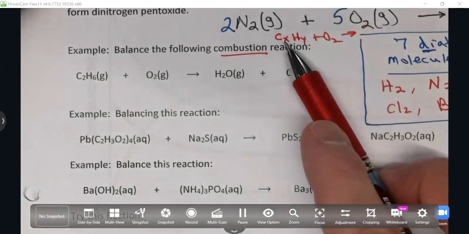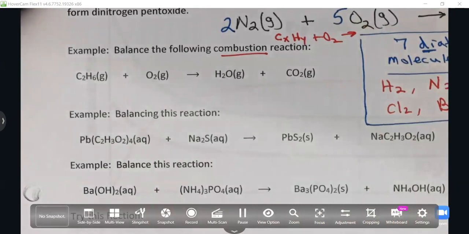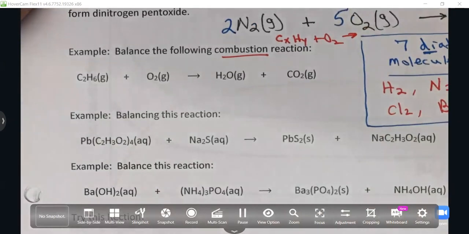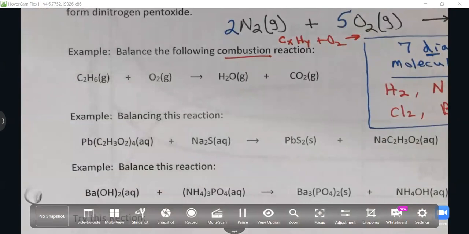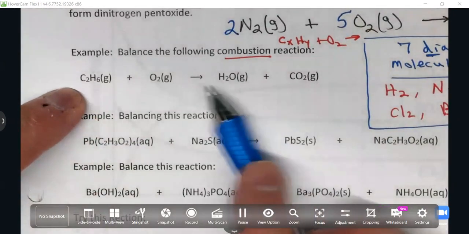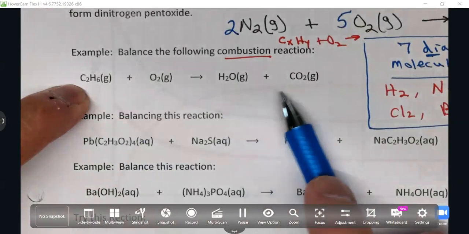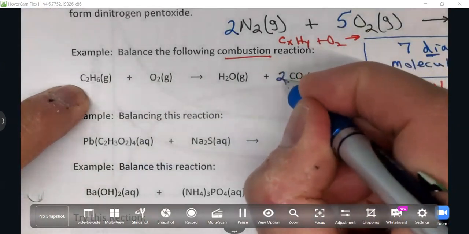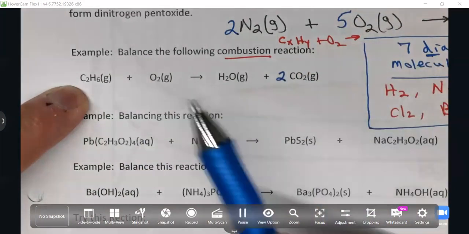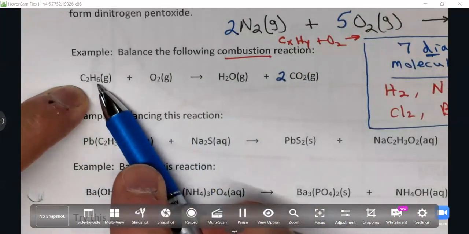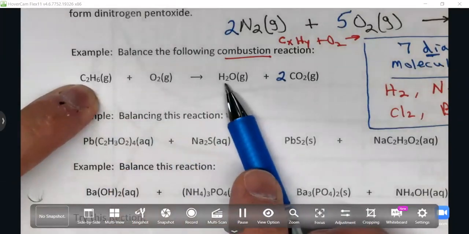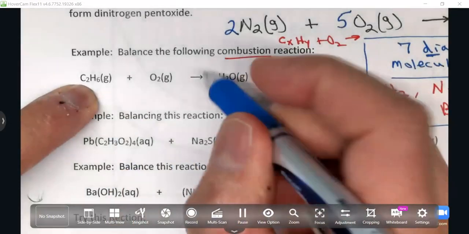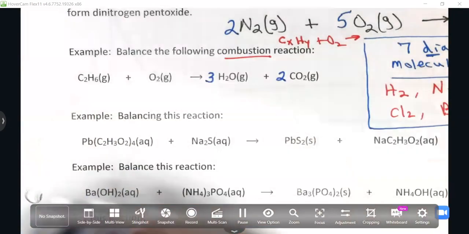You can have different numbers of carbons and hydrogens. So if we balance this, where should we start? Carbon. We got to stay away from hydrogen and oxygen. Do them last. So 2 carbons, 1 carbon. Put a 2 here. Now we'll do hydrogen. 6 hydrogen here. 2 hydrogens here. 3.